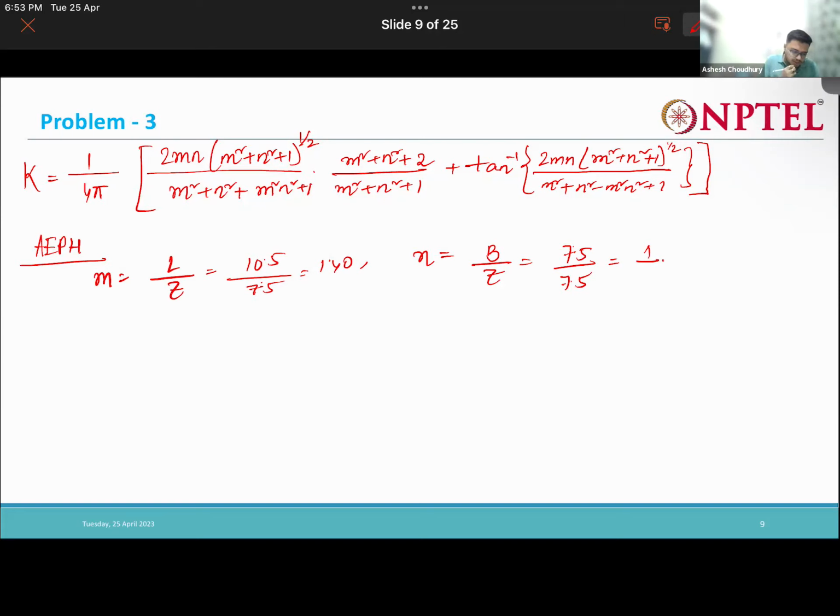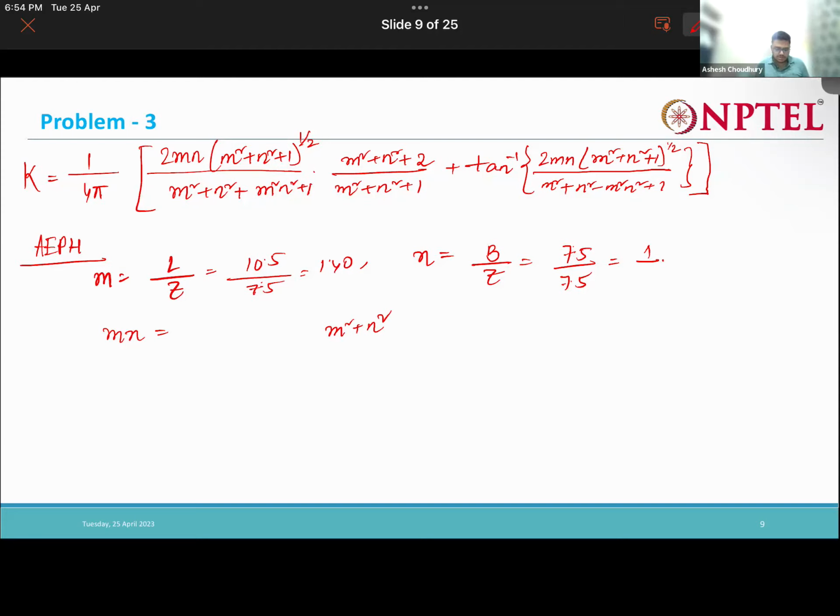Okay. So now let us put these M and N values in the equation for K. Last class I told you that you just find these values first: Mn, then M square plus N square, so that it will actually be easier.